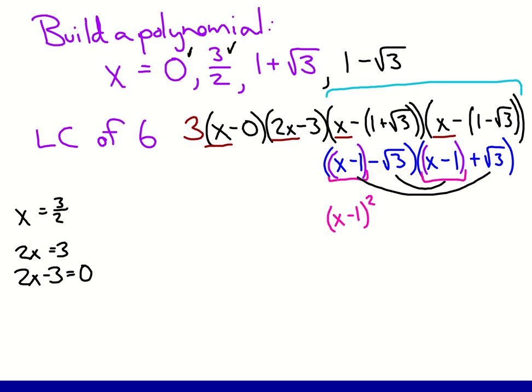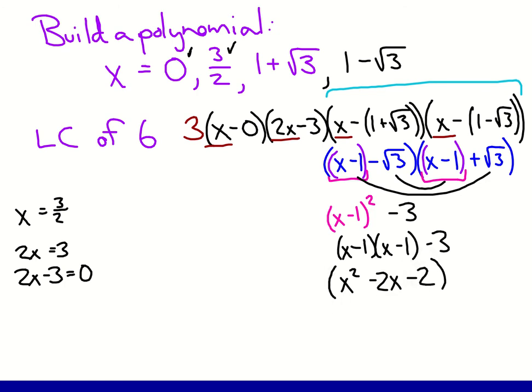Those would cancel out. The last term would be minus root 3 squared, which is 3. So this would be x minus 1 quantity squared minus 3, which gives x squared minus 2x plus 1 minus 3, which is minus 2. So these two linear factors just bring us that nice quadratic.